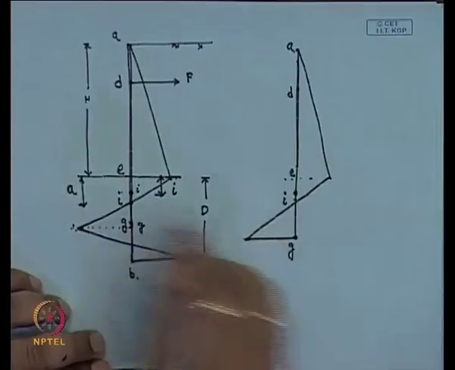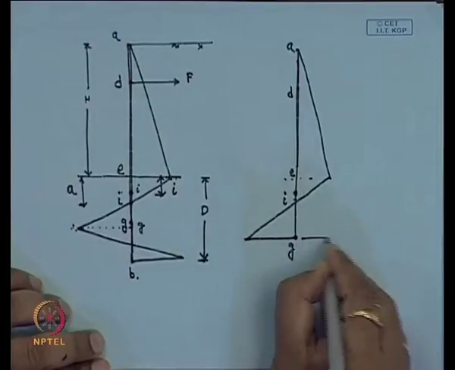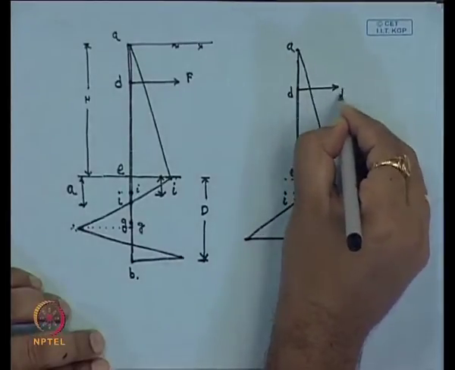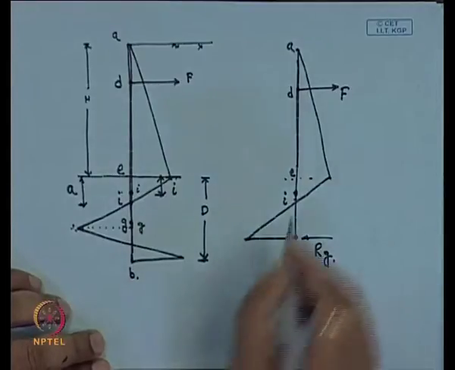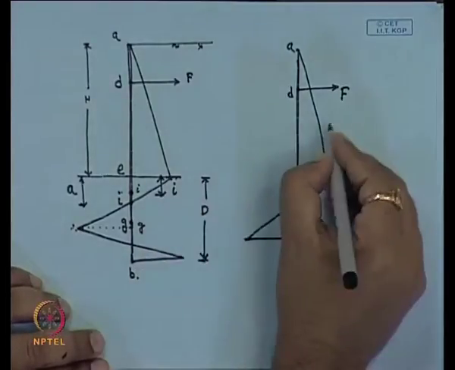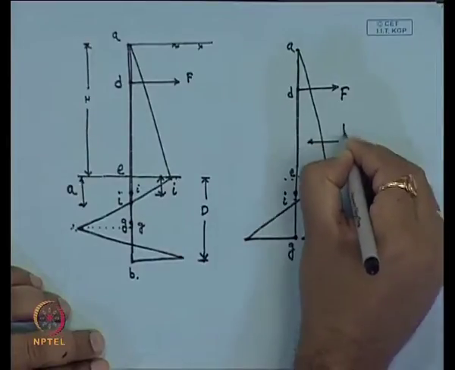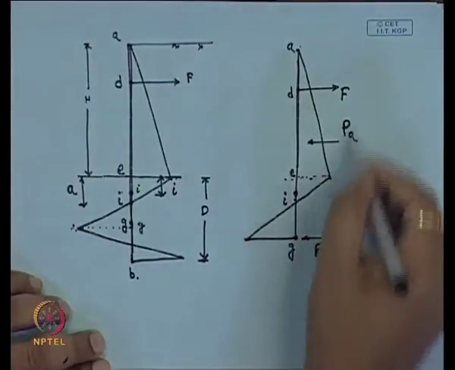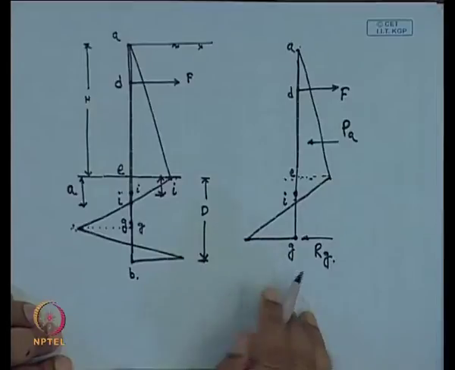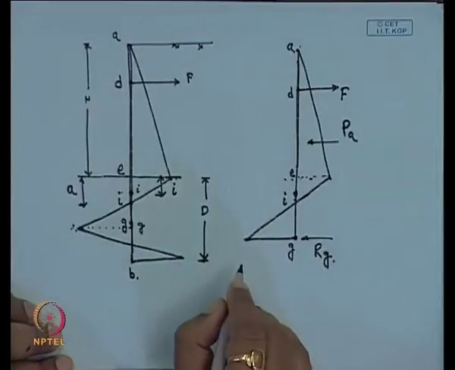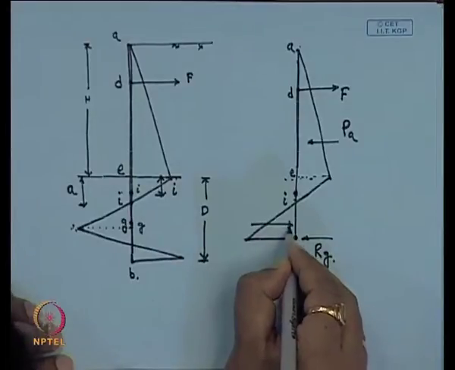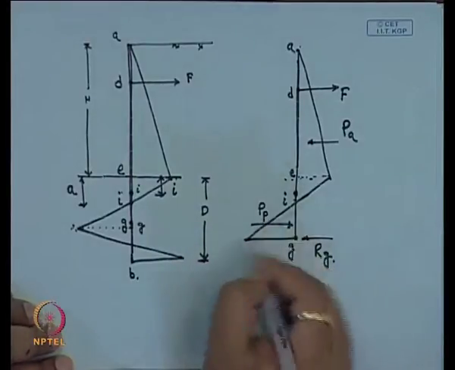As we are taking this portion, we will get another reaction that will act, R G, and this force will act at F. Then what are the other forces? Similar to this is P active for this region, that means A, D, E, I. In this region, this is the total active force, and the next force, in the opposite direction, is the passive force P passive or P 2.